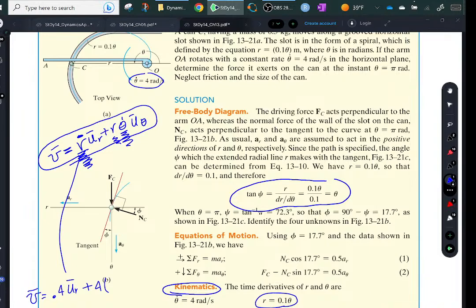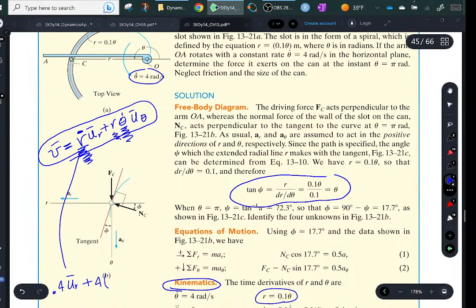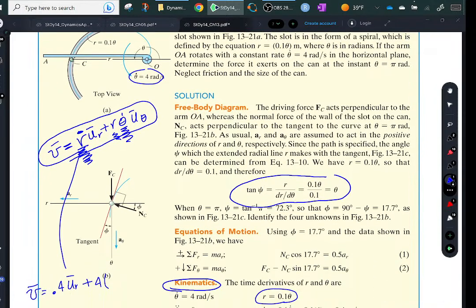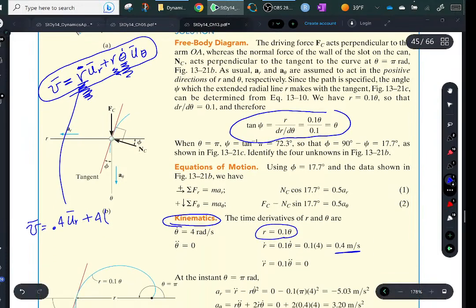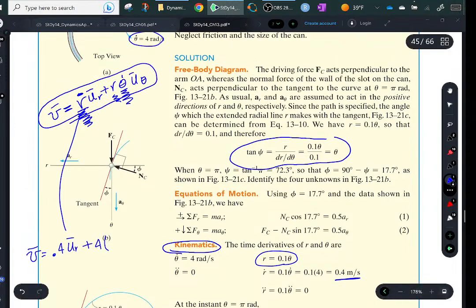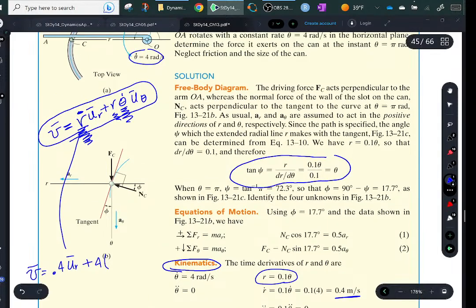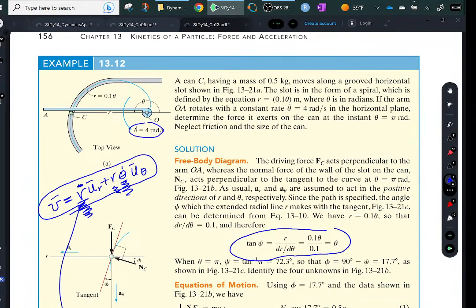Wait, what is his theta at that point? From what I can tell, the theta, wait a minute. You see what his theta is? I mean, it looks straight out to be 0, but that can't be because this is what he's showing. That does not make sense.